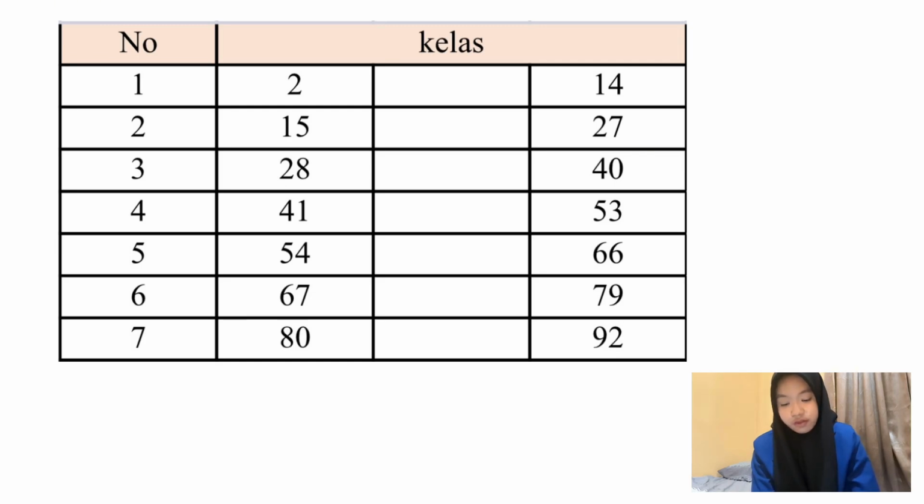The starting point of the first class is set to the minimum value of the dataset, which is 2. Given a class width C of 13, the lower bound of the first class is 2 and the upper bound is 14. Each subsequent class is formed by adding 13 to the previous lower bound, continuing this pattern until all 7 classes have been established.